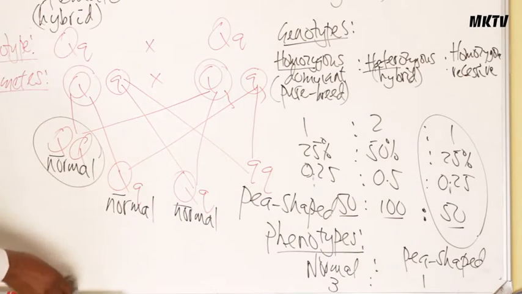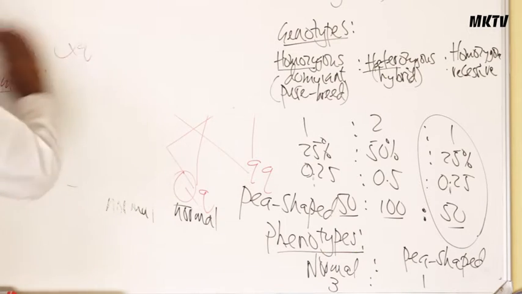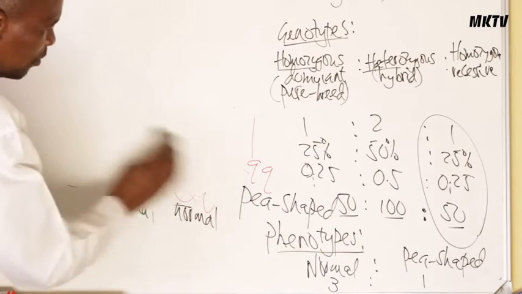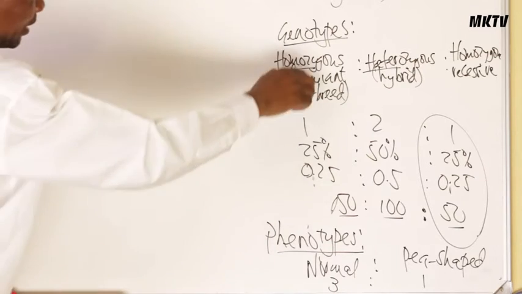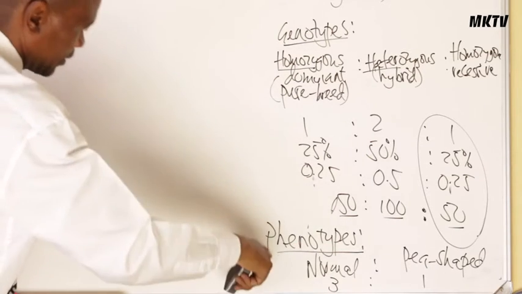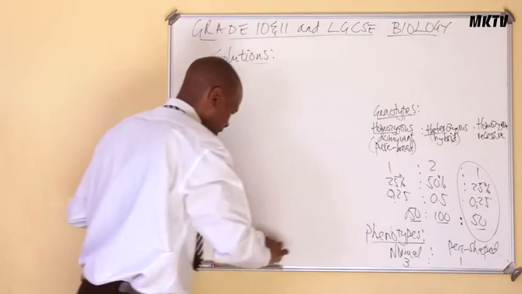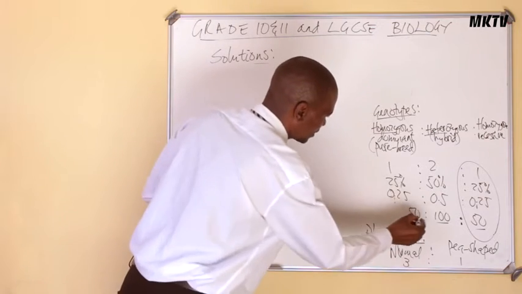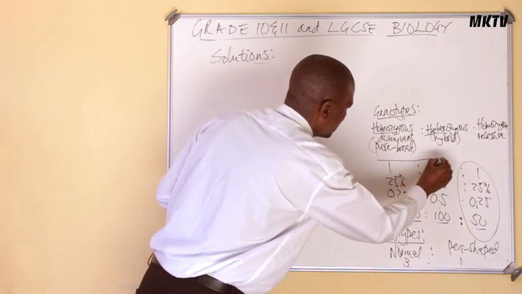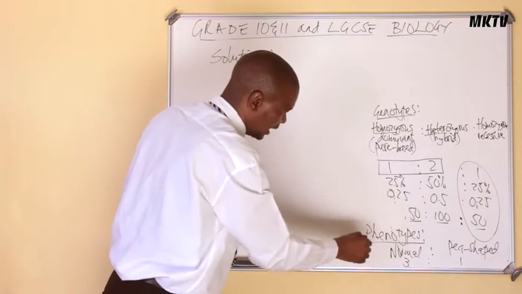In a farm of 200 chicks, how will these results be? Remember, this and this go together. This is from the same cross, and therefore, as far as numbers are concerned, this 1 and 2 in the phenotype join together.